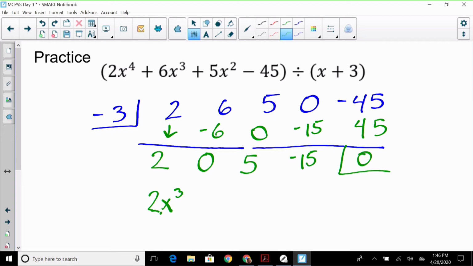So this is 5x minus 15. Once again, your power of what you get will be 1 less than what you started with.